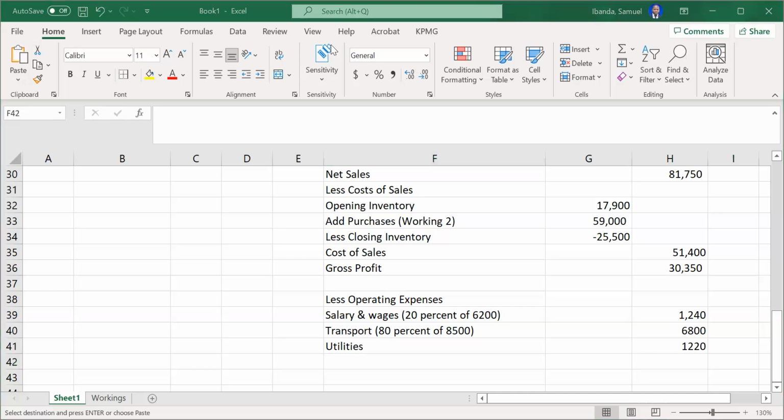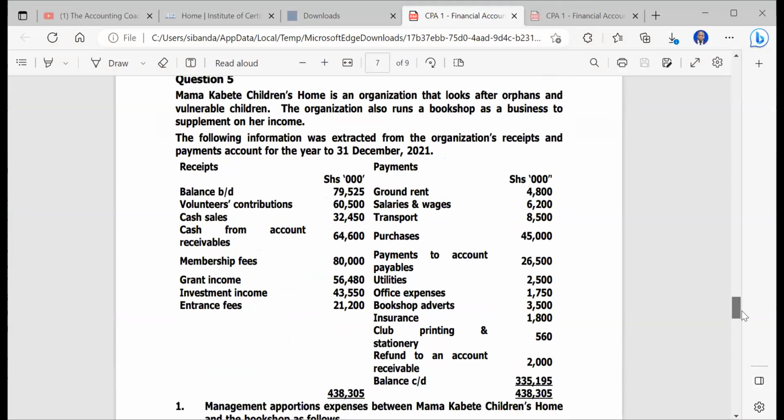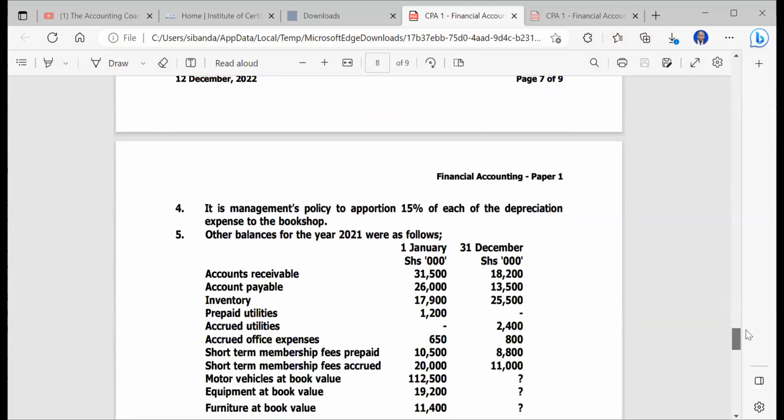After I've recorded utilities, I'll now go back to my question and look for the next expense. Now, office expenses, they have told me it's 1,750. I realize that I also have adjusting entries on office expenses.